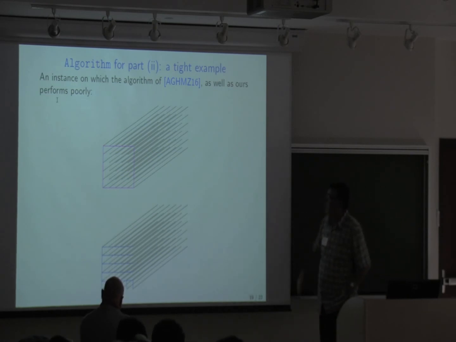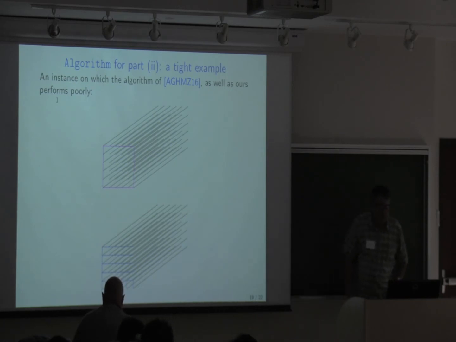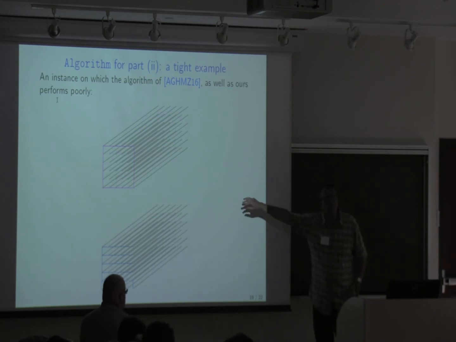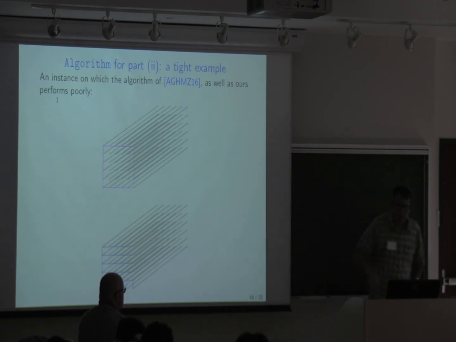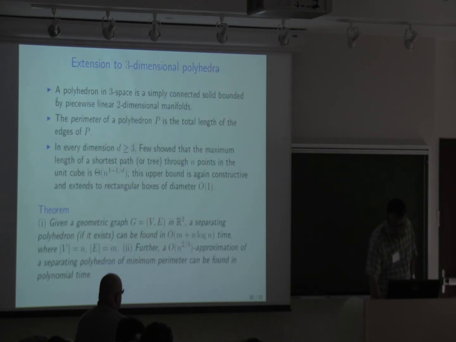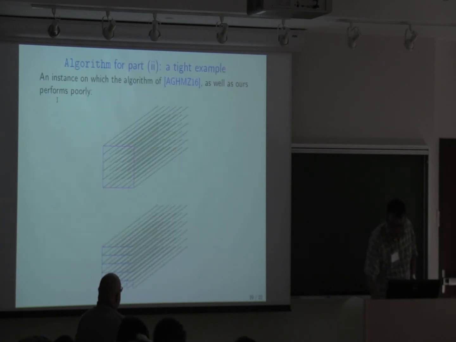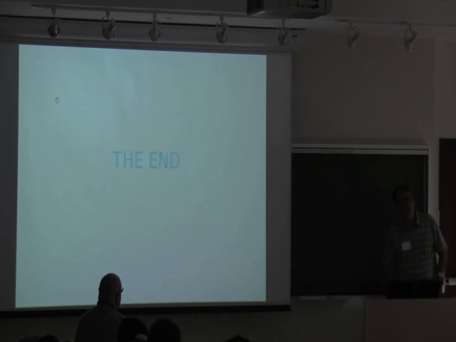If you use their algorithm or this algorithm, you're going to get a very expensive cycle that will essentially visit the vicinity of each of those points in a unit square. So it's going to be square root of n times more. Yes, here is some extension, but I won't discuss it, and I'm just going to finish here.